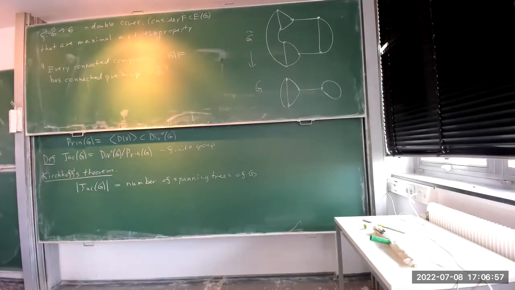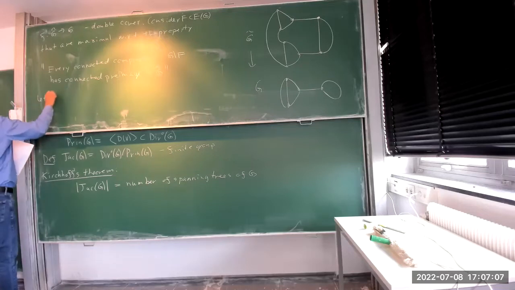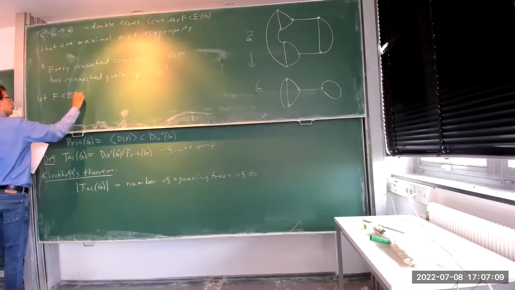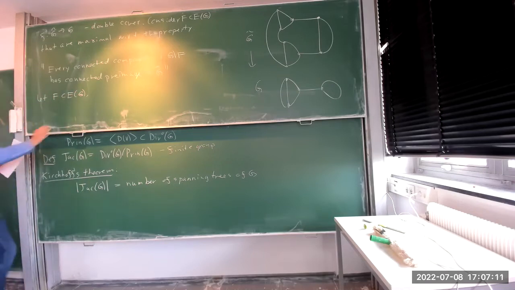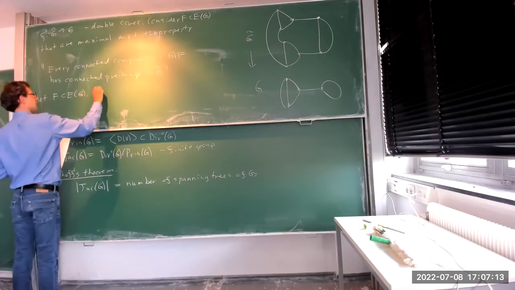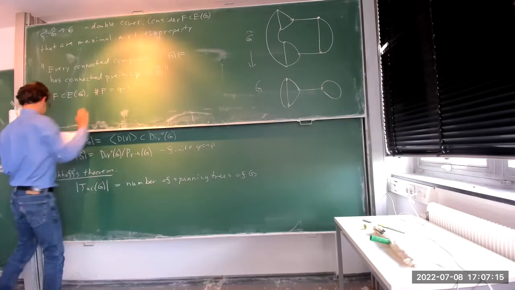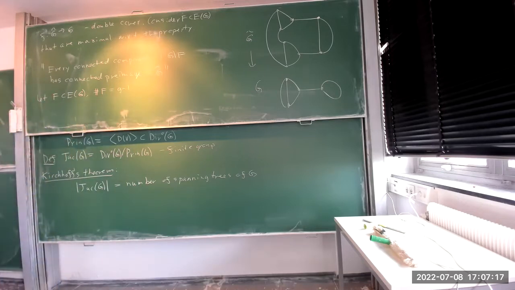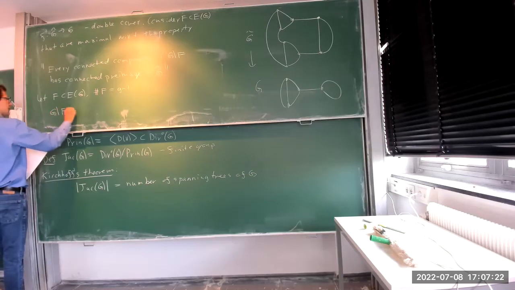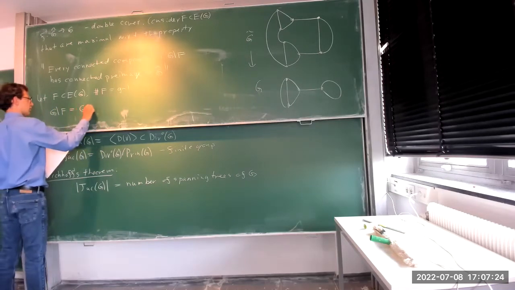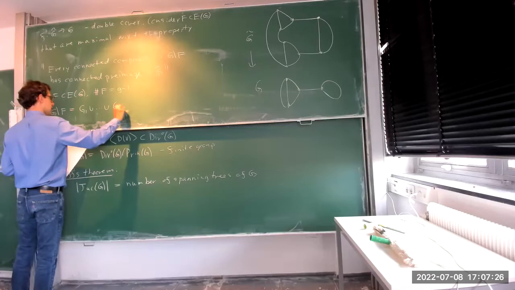And so now let's think about what such sets of edges are going to look like. In particular, let's take F to be a subset of the edges of G, and let's assume that the number of edges in F is g minus 1. Then the graph G minus F might decompose into some number of connected components, let's say k.